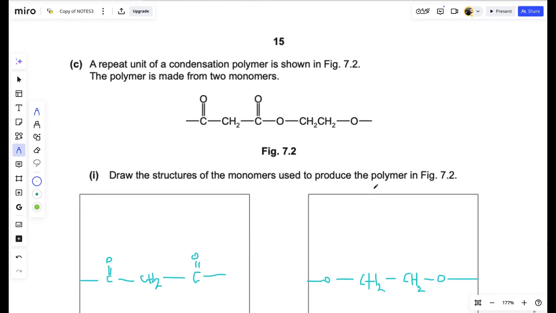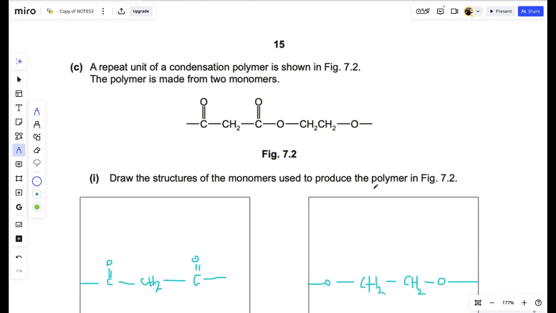Now we move to the next one. A repeat unit of a condensation polymer is shown in figure 7.2. Now the polymer is made from 2 monomers. You can see carbon double bond to O, and then double bond to O here, CH, and so on and so forth.